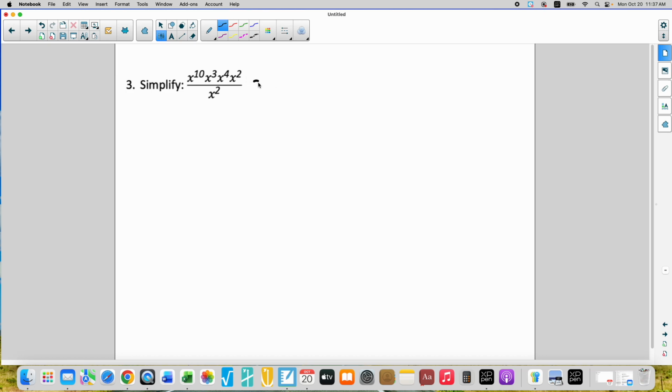Let's simplify. We have like bases again. When we have like bases multiplying, we are going to add their exponents. So that's 10 plus 3 plus 4 plus 2, which will give me 19, x to the 19th over x to the 2nd. And when we divide like bases, we are going to subtract their exponents.